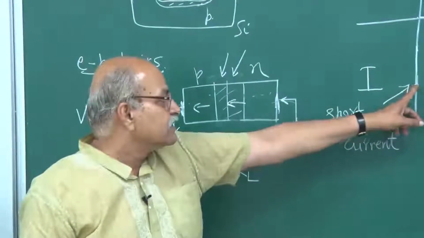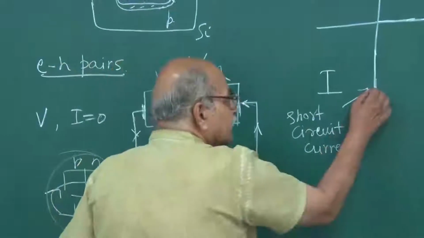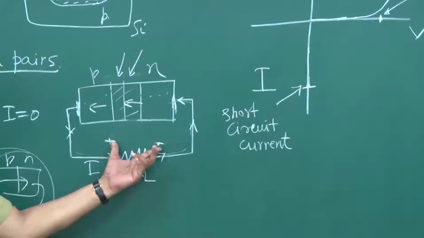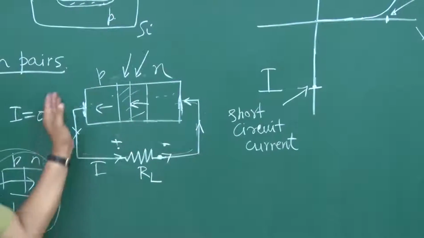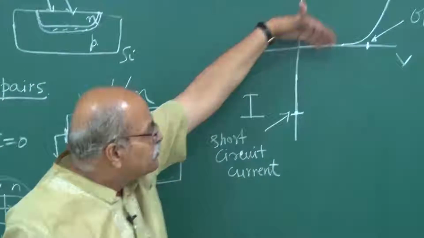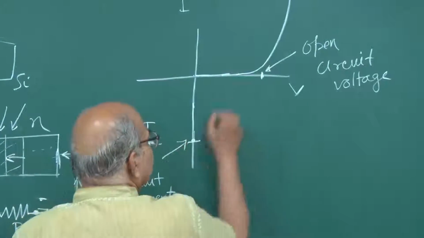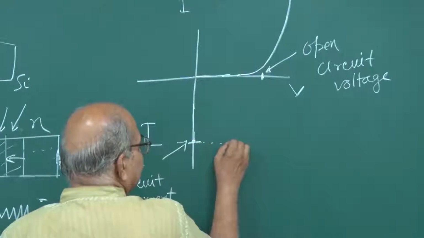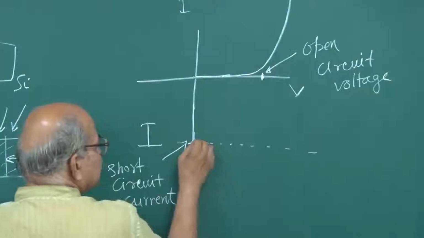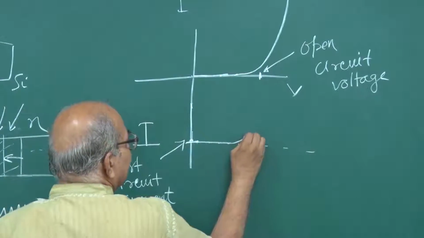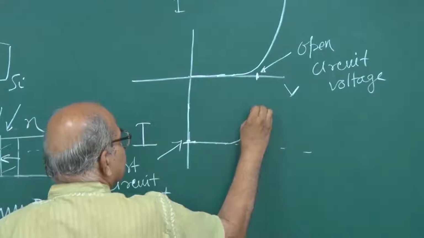But then because of this RL, because of this voltage appearing here, you have a forward bias. So, this will be superimposed on this. If it is not there, then you have this current, but then on this you superimpose this, and this current will vary something like this, something of this sort.